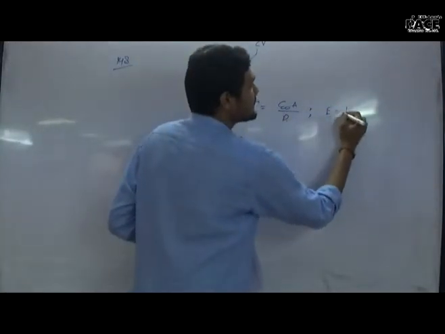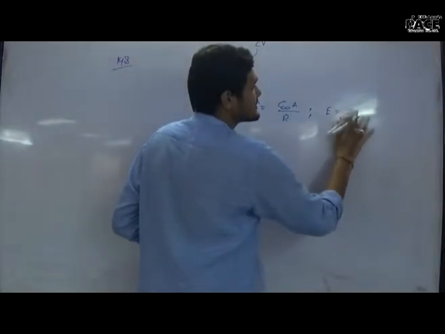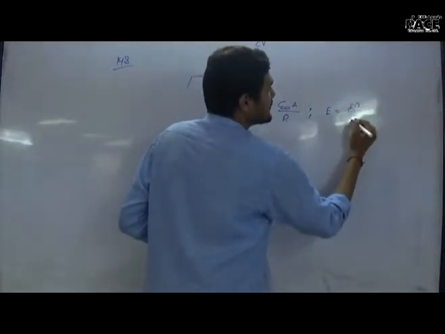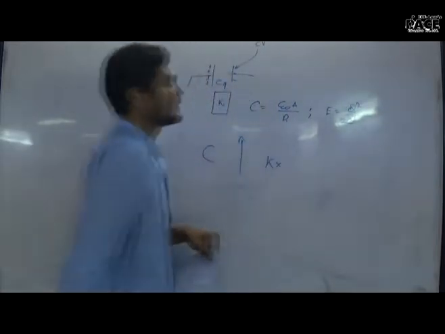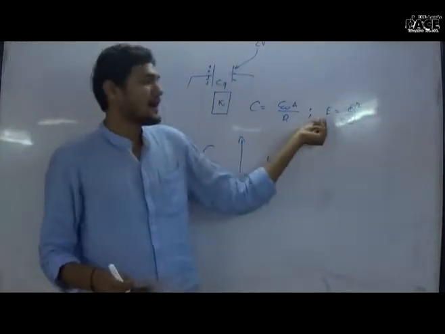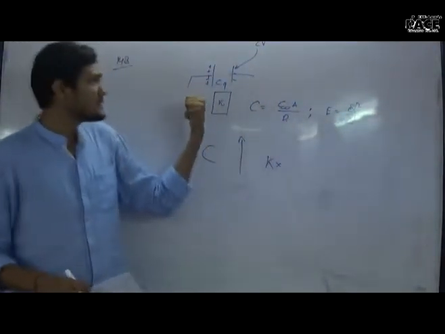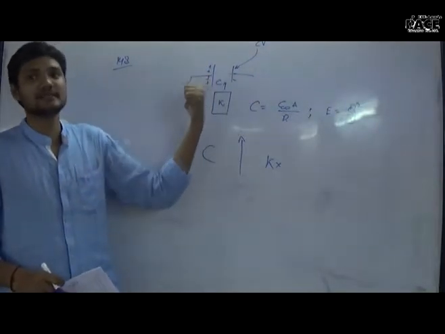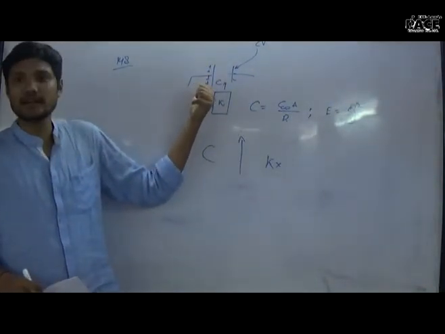Now, let's see how energy changes. Energy is Q squared upon 2C. We cannot use the formula half CV squared as the battery is disconnected; there is no way the charge is going to decrease or increase.